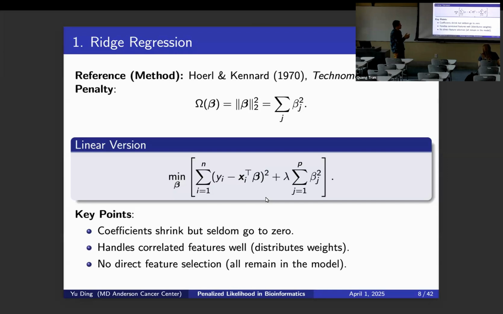As I previously said, if we treat beta at the middle of this equation as a vector or as a matrix, then the detailed formulation of the L2 norm with respect to matrix beta equals the sum of squares of each element within the matrix beta. So if we are talking about a vector beta, then it is simply the sum of squares with respect to each element of beta. So this is the so-called L2 norm, nothing special.